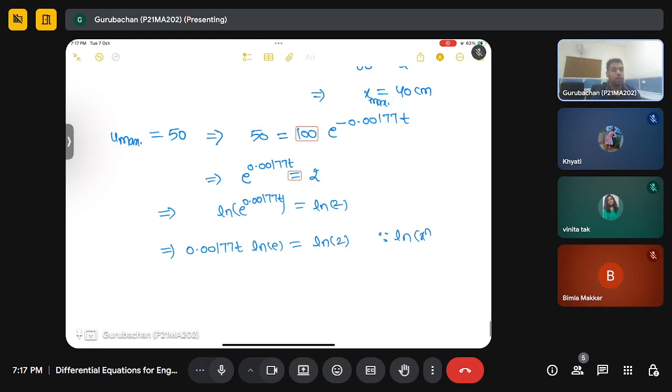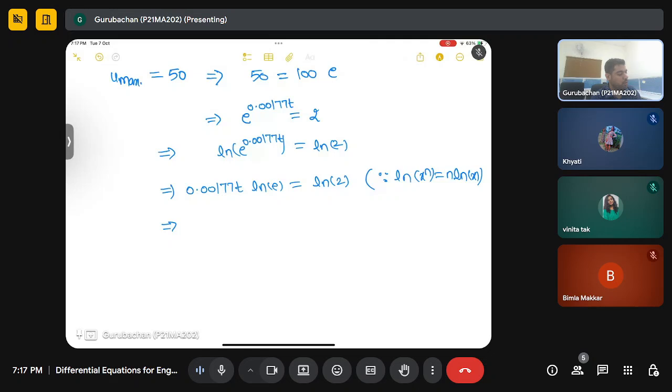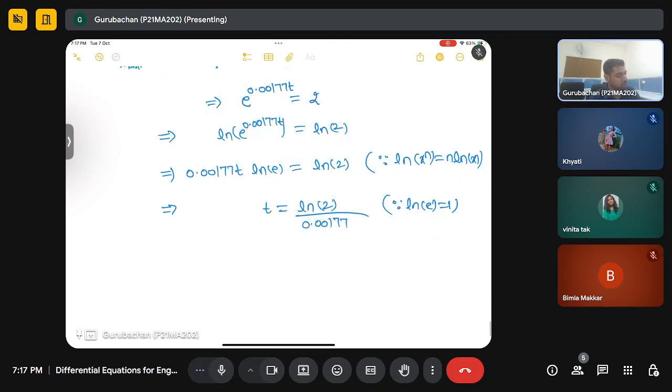Since ln e is 1, you will get t is ln 2 divided by 0.00177. If you approximate this t numerically, it comes out to be some 391 seconds.